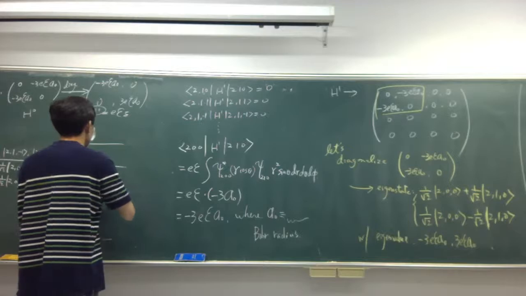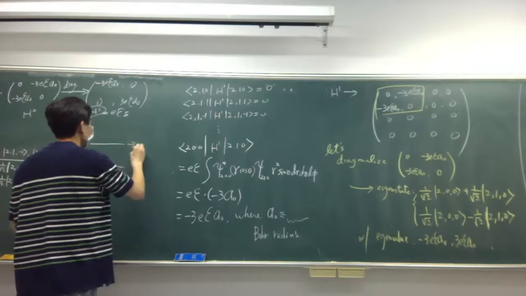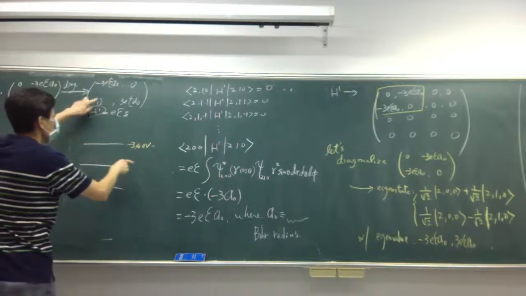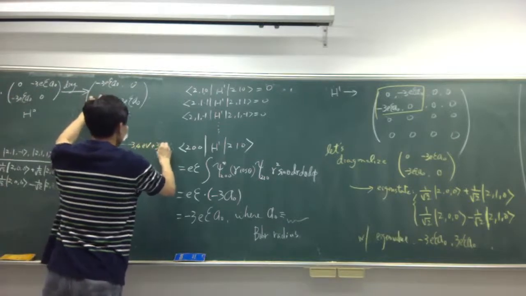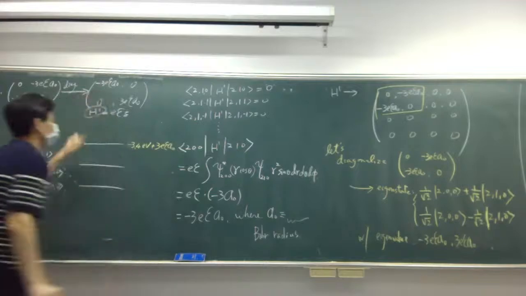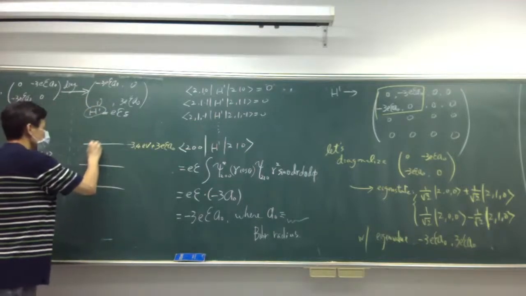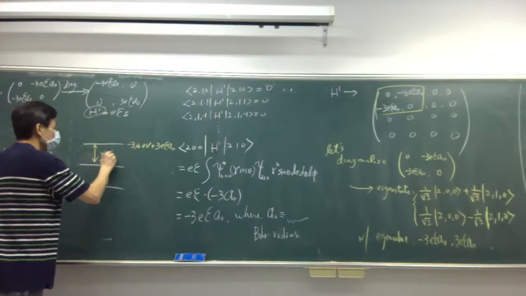So this is minus 3.4 eV plus 3 E epsilon A naught. The size of the splitting is 3 E A naught.